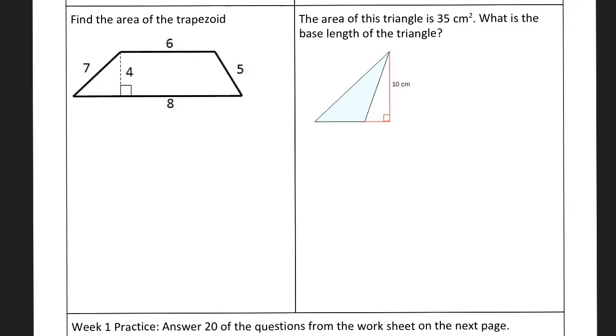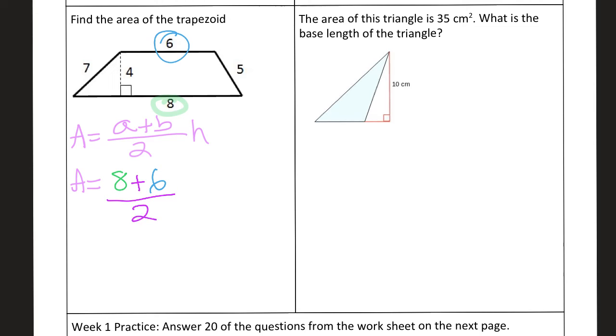Okay. Going back to a trapezoid, write our formula. If I look on my formula sheet, the area is A plus B divided by 2 times H. Let's fill in what we got. Well, here's A plus, here's B divided by 2 times my height of 4.